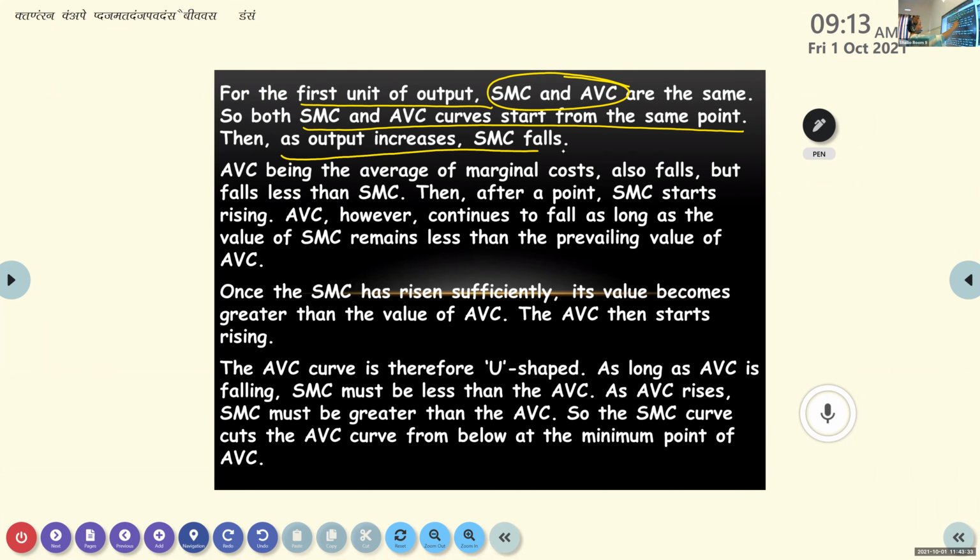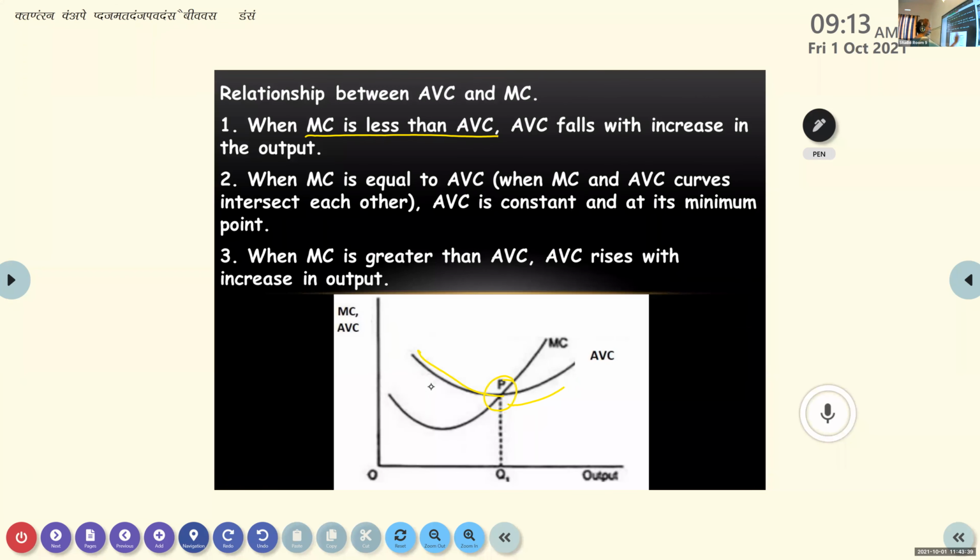As the output increases, what happens? SMC falls. Now in this previous one here, as we bring it together, what happens? This will be joining actually, which they have not shown. It will be starting together from one point, then only it is getting separated.